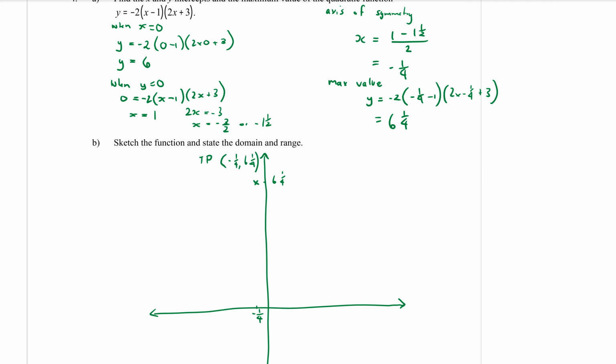My x-intercepts were at 1. So that's going to be 1 there. And the other one was, oh, no, sorry, it was a positive 1. Positive 1. Erase, erase, erase. And a negative 1.5. Going to move that down a bit so it's a bit more symmetrical.